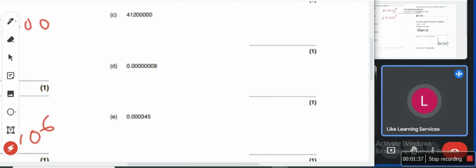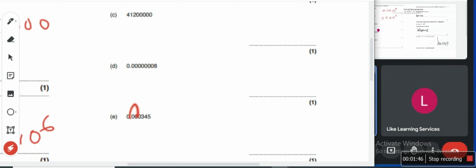Do you know how you're going to move this? You're moving it to come to the front of the first digit. 4, 1, 2. How many zeros is that? 1, 2, 3.